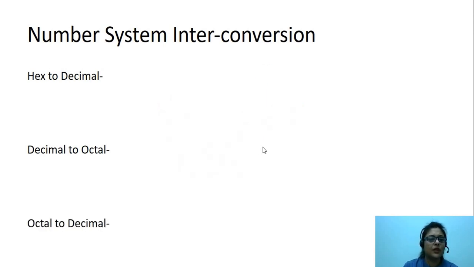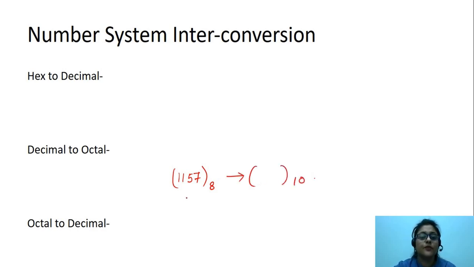Next, let us understand how to convert an octal to a decimal number. If we have any octal number, let's say we have the octal number 1157. You have to convert this octal number to a decimal number. Then you have to start multiplying the number by powers of 8. Since there are 4 numbers, so this is LSB, this is 1SB, this is 2SB, and this is MSB.